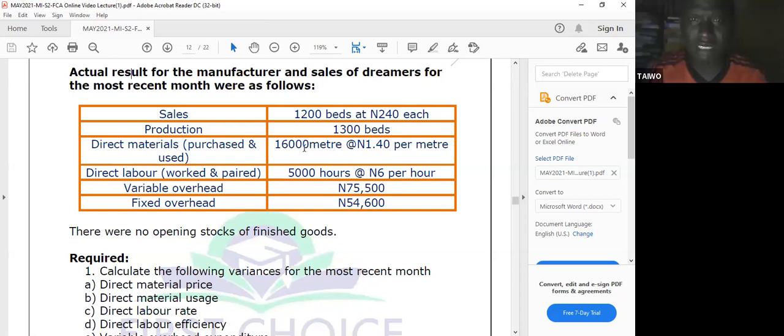At 1 hour. Why actual cost of labor is 5,006.